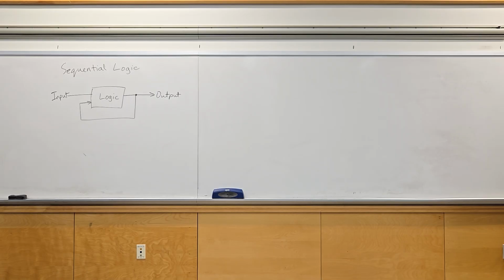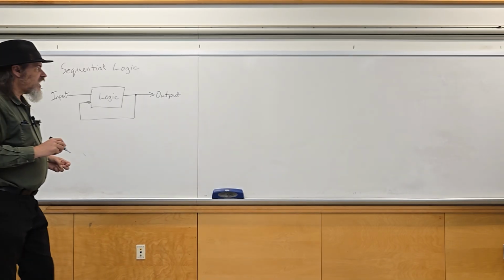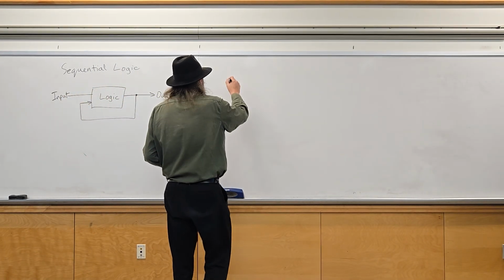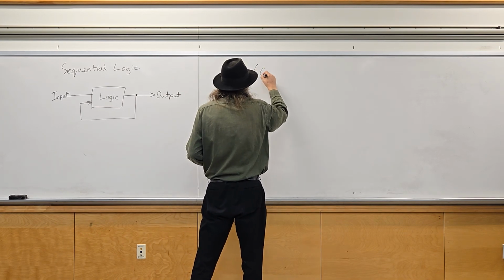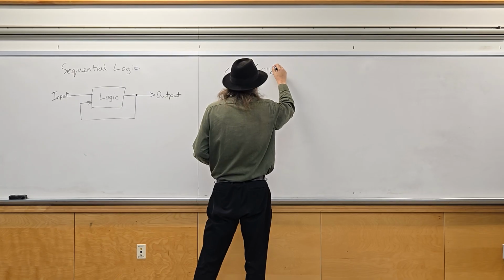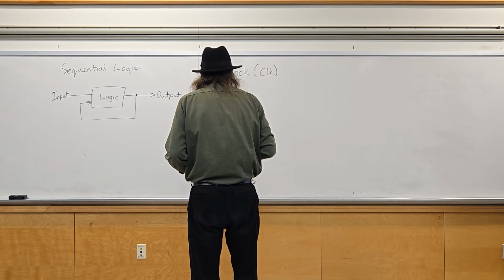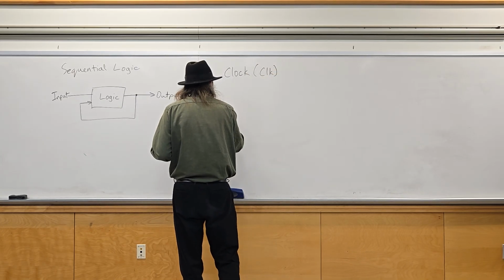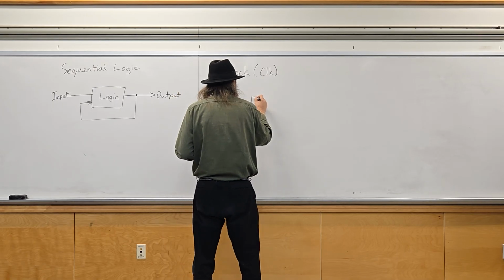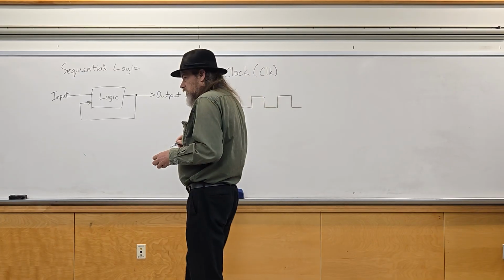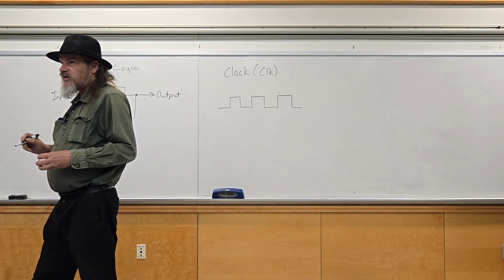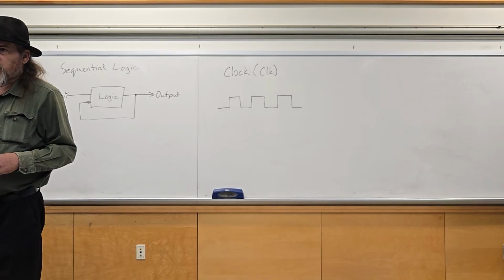Now, as kind of a side topic, there is what is known as a clock that is going to be used. It's often abbreviated CLK. It is a series of pulses. They set the timing for the circuits.